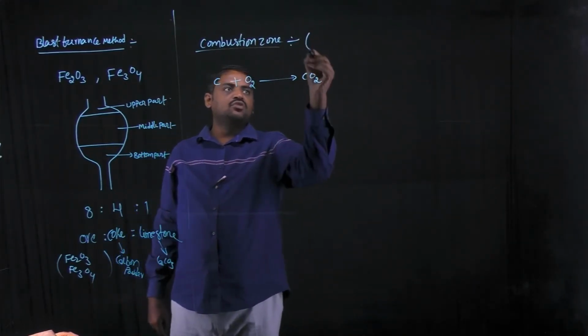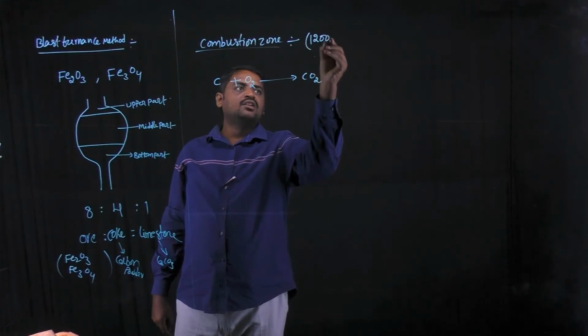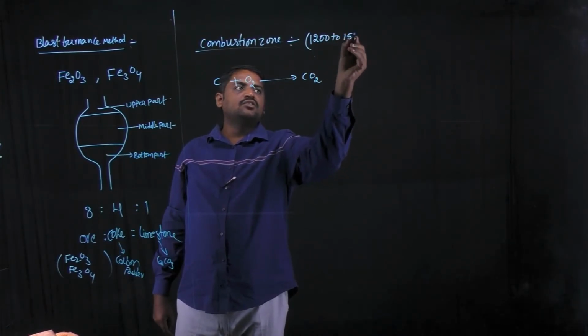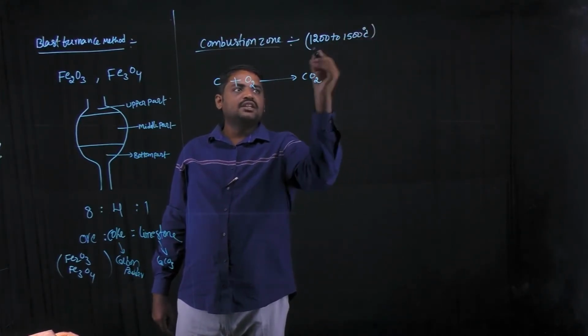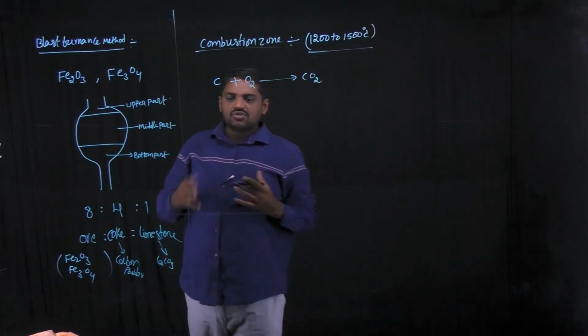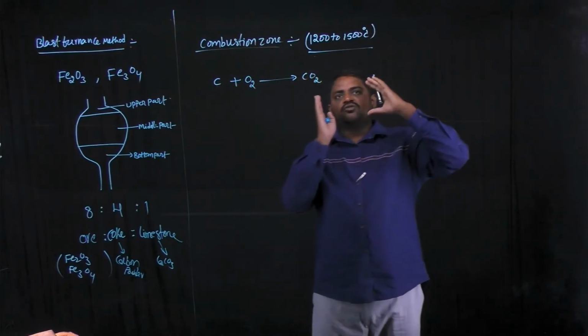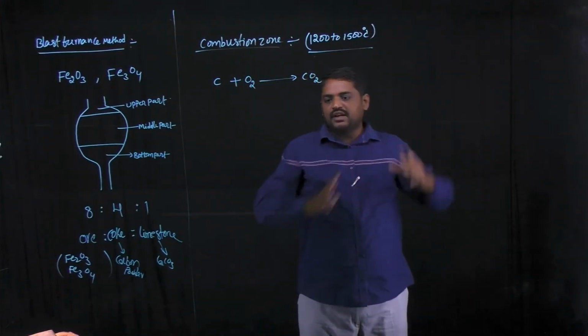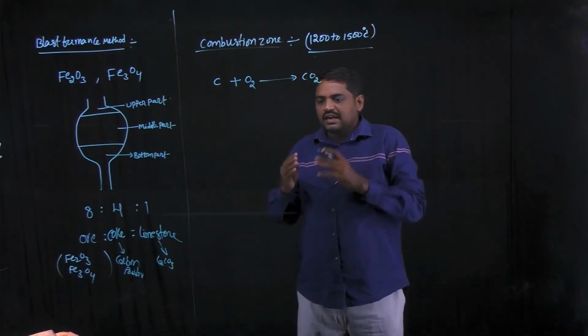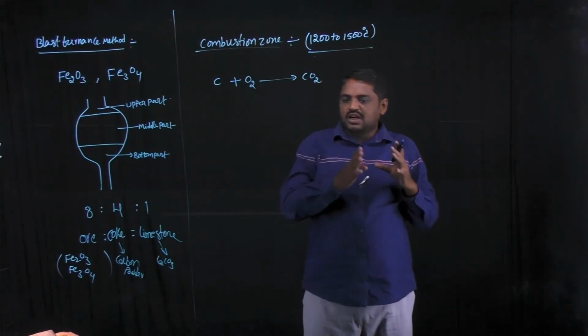The combustion zone is observed only at 1200 degrees centigrade to 1500 degrees centigrade. At 1200 to 1500 degrees centigrade, the carbon reacts with oxygen to produce carbon monoxide.